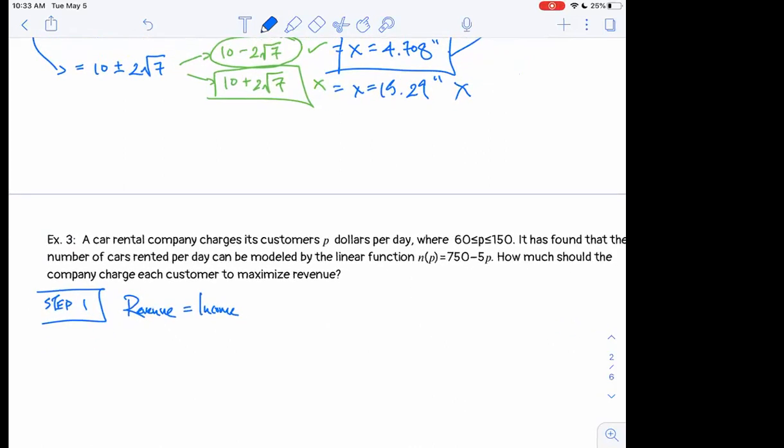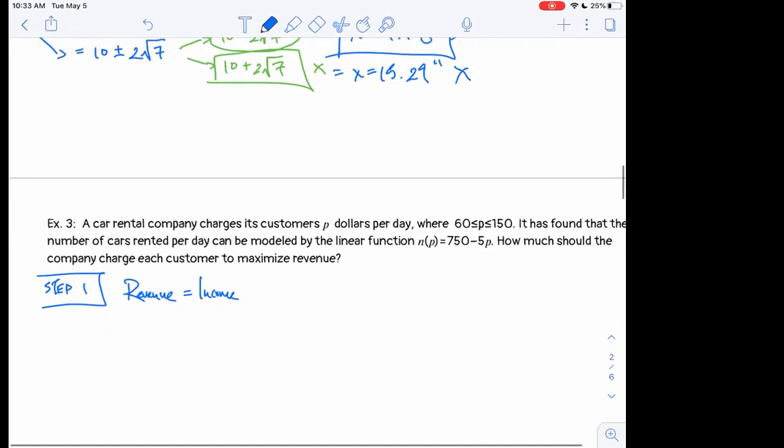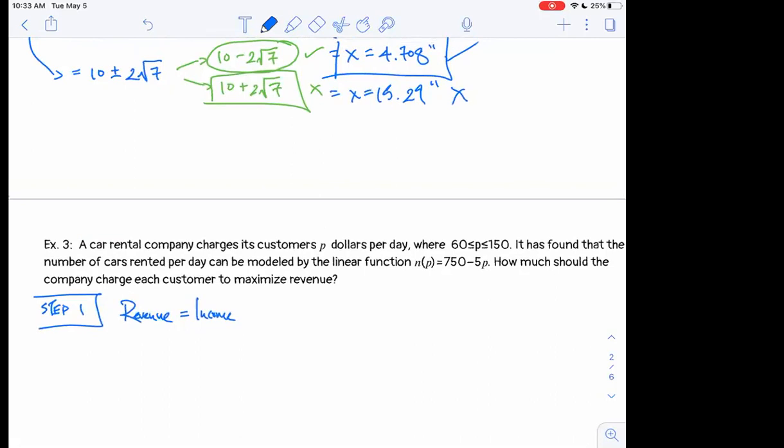And if you look into more businessy applications, you do look at cost, and then revenue and cost will help you figure out your profit, right? So revenue is different from profit. This is not saying after you've paid your rent and after you've paid your employees, how much are you making? Revenue is just how much you're making. So revenue is going to be the same as income.